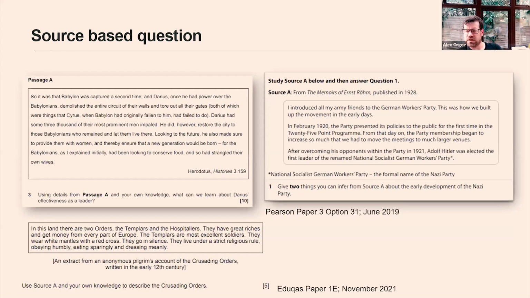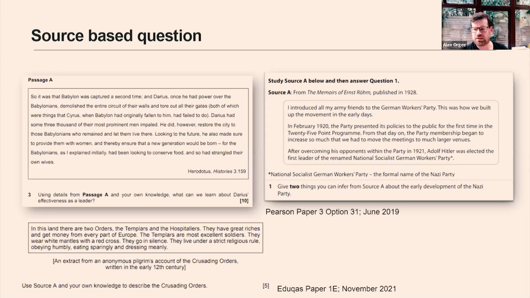The next question that students will come across, question 3 in the paper, is a source-based question. As I was saying earlier, we're expecting students to make inferences from the passage and supplement that with their own knowledge. Question 3 will use set wording: 'Using details from passage A and your own knowledge, what can we learn about...' whatever the question paper author decides to focus on.